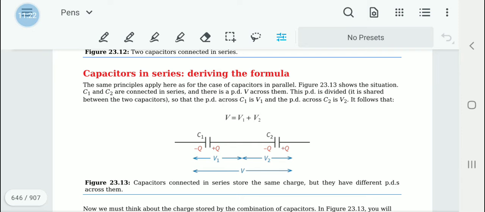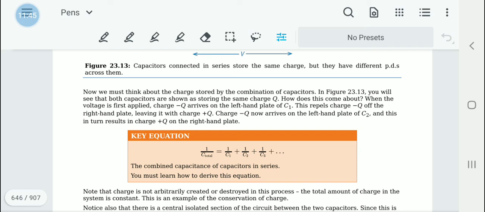The charge that arrives at C1 releases a similar charge at the other end, which is going to reach C2. As a result, they are both equally charged.